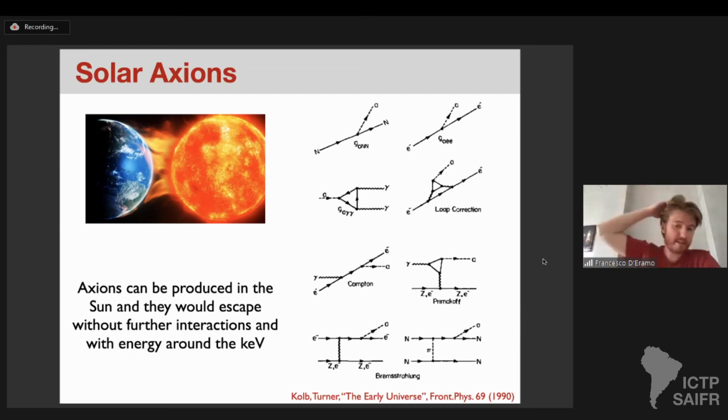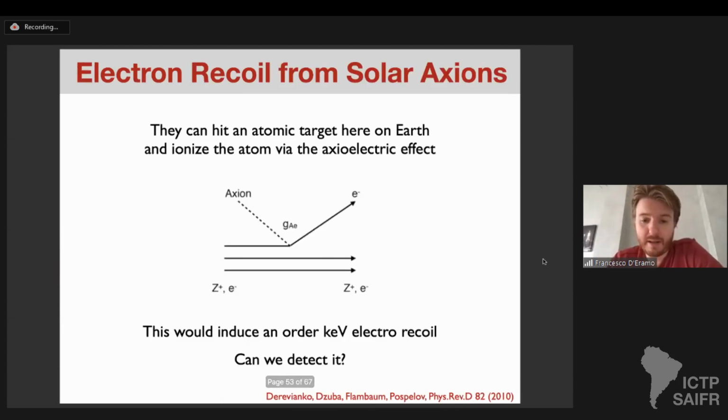There are several experiments, and one of them is the XENON1T experiment. They have been trying to look for these events. This is an electron inside the xenon atom. There is an effect called the axioelectric effect, where an axion from the sun gets absorbed by the electron inside the xenon atom.